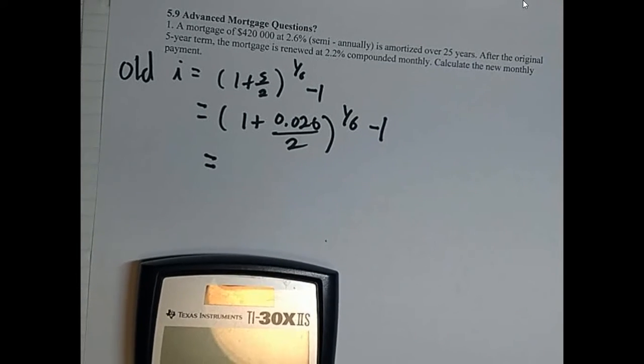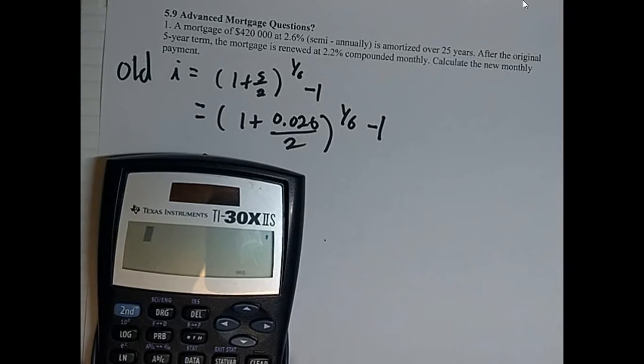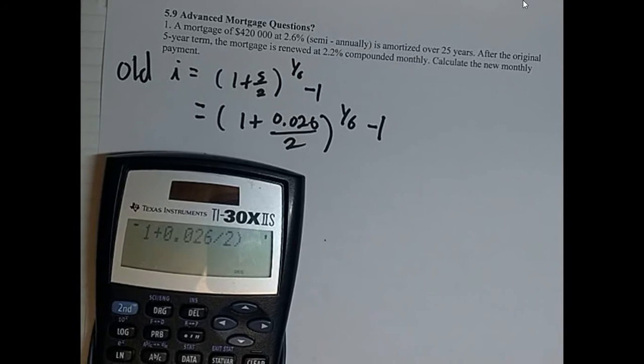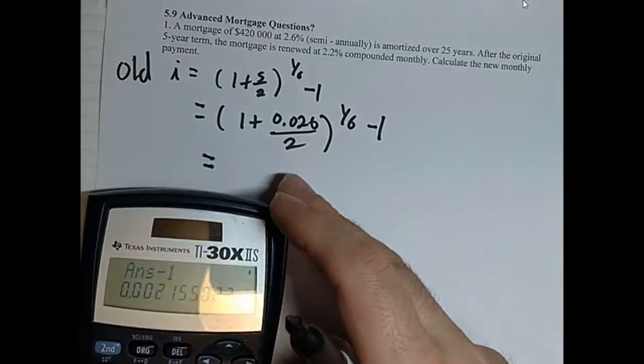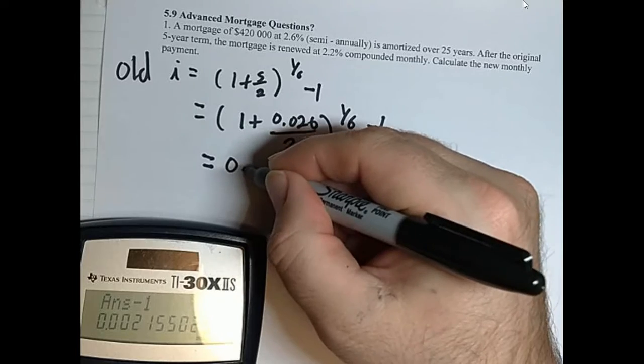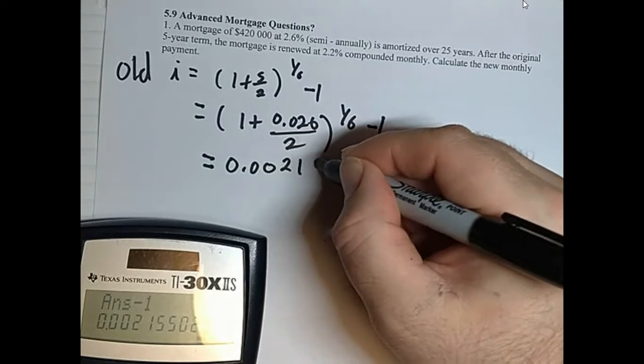I'm going to put a bracket, 1 plus 0.026 divided by 2, close the bracket, to the exponent, bracket 1 divided by 6, equals, minus 1. And we got 0.002155.